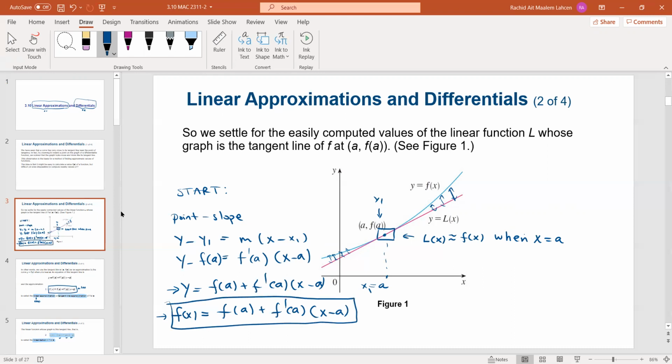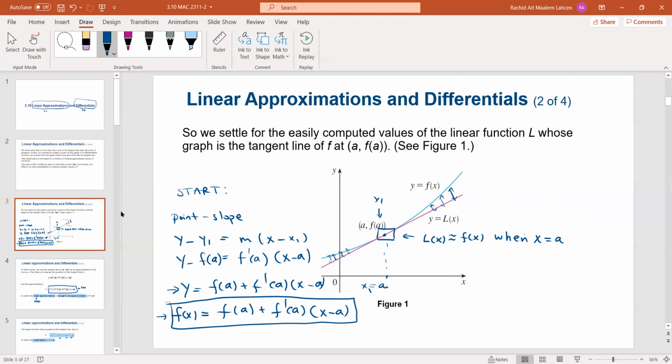So if we have that tangent line, let's call it L of x, at this point a, and if you want to use the point slope, you can consider x1 as a and f of a as y1.